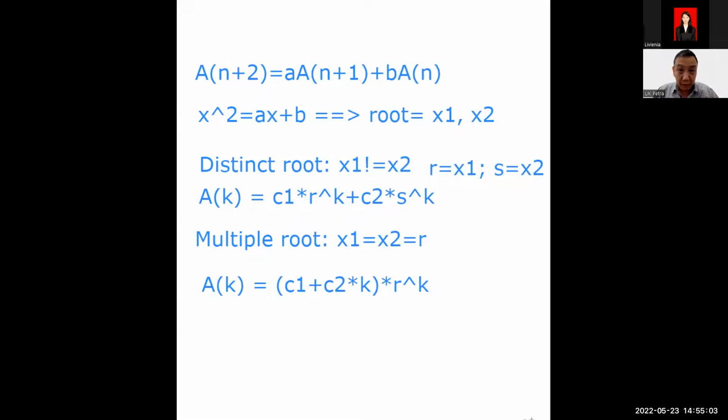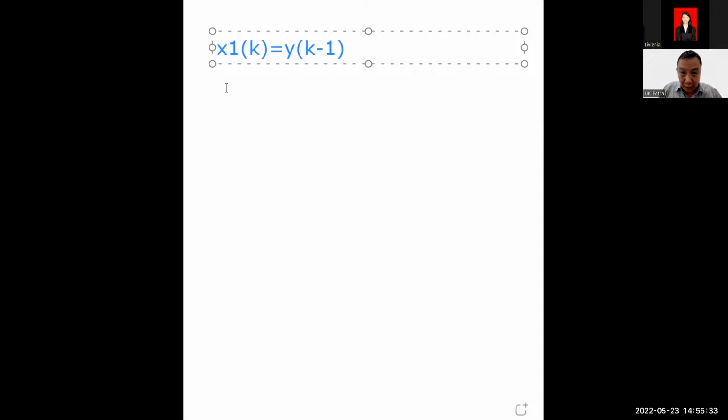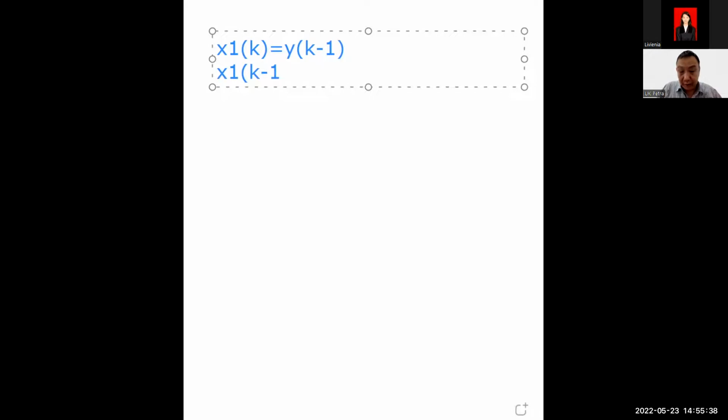Okay, so I will delete this whiteboard. So we have x1k equal to yk minus 1. My question to you, what happens if I do x1 of k minus 1?